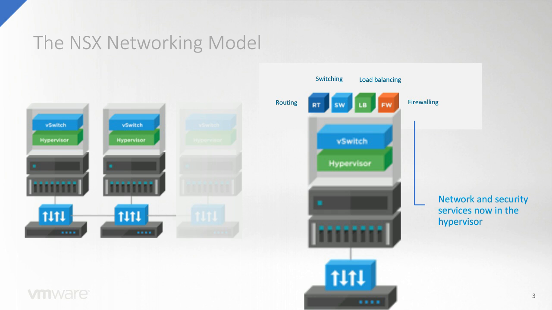In this sense, NSX is the abstraction layer the way vSphere is the abstraction layer for compute. In the case of compute, vSphere allows you to run many virtual machines running independent operating systems on top of one piece of hardware. And then NSX allows the same virtualization of networking on top of hardware.